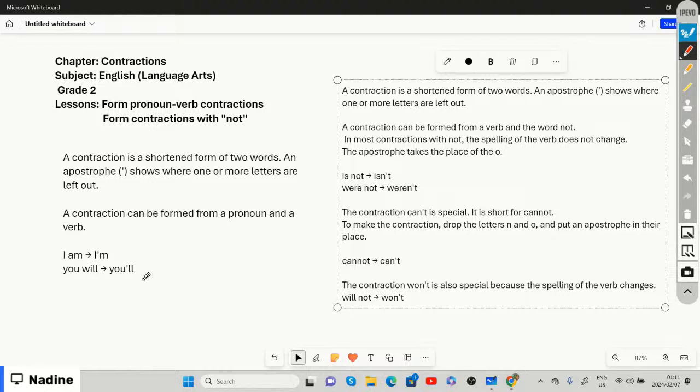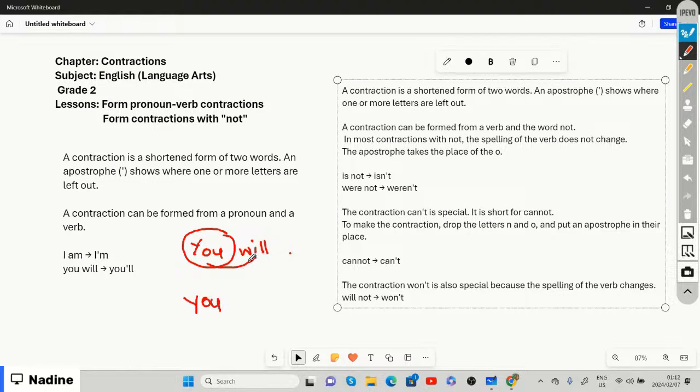Now, if you look at another example, it says you will. If we shorten these two words into one word, remember we said our pronoun stays the same.